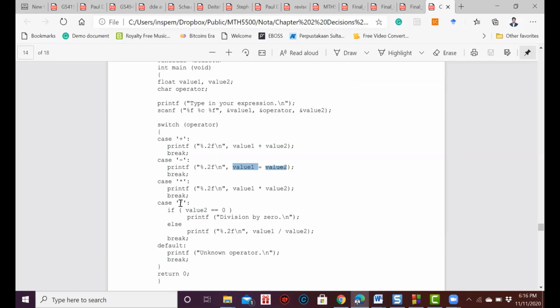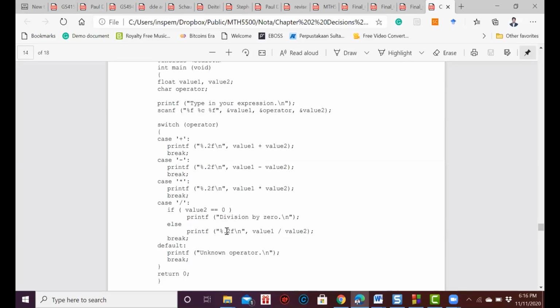So in the divide case, slash, there is a different situation, so we put it like this. In the case we can put an if, and we can put a loop. In the other cases we just have a printf statement, but here we have an if else. Maybe if the logic needs it, we put a loop here.